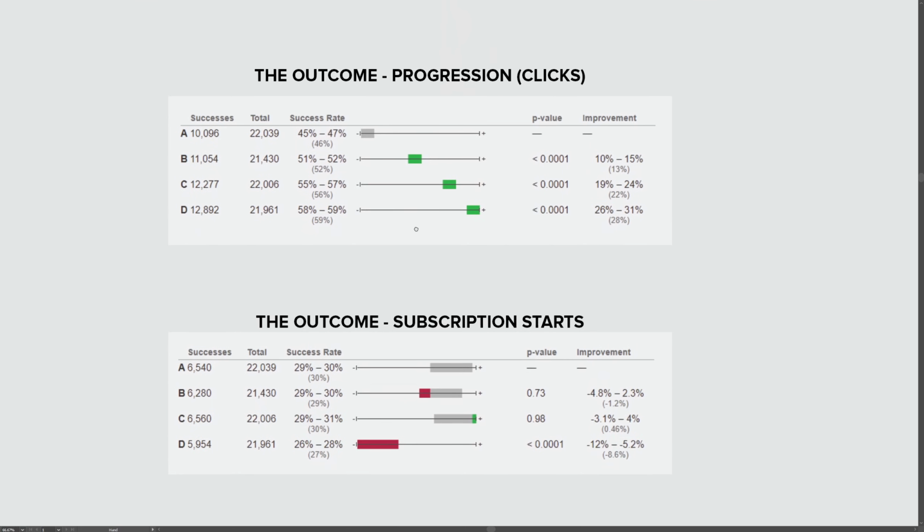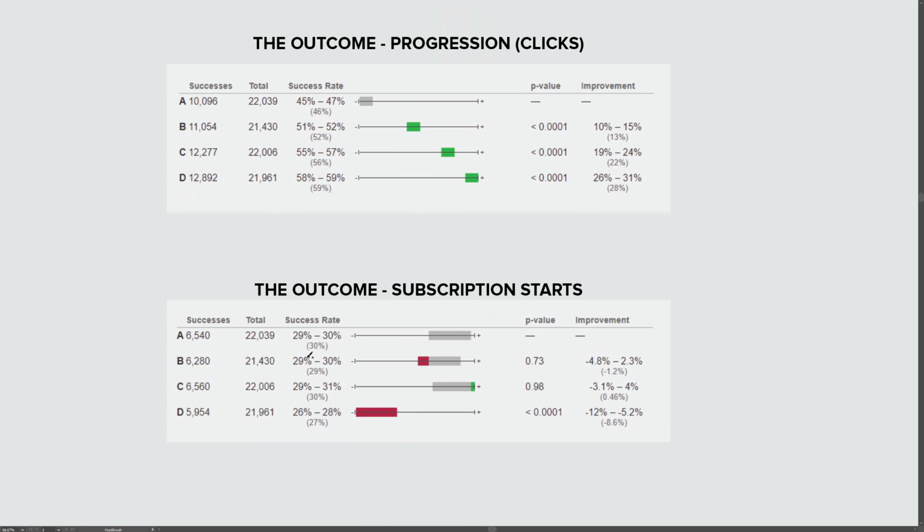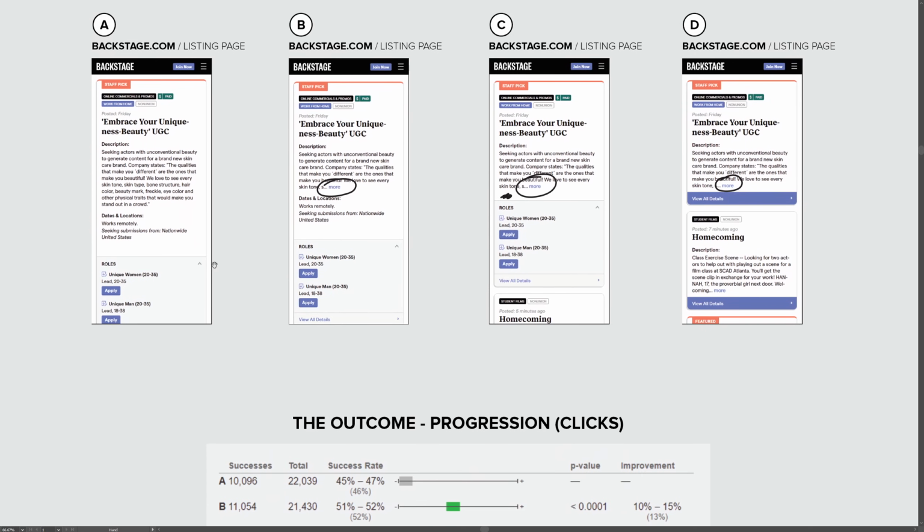And there's also deeper metrics, such as subscription starts. So a subscription start is essentially triggered anytime someone's logged out, and it's triggered by the apply buttons, right?